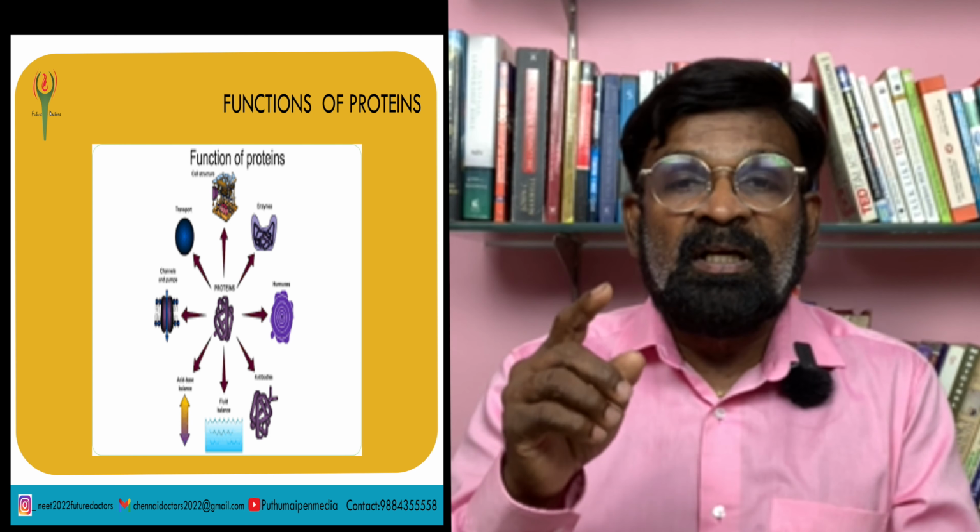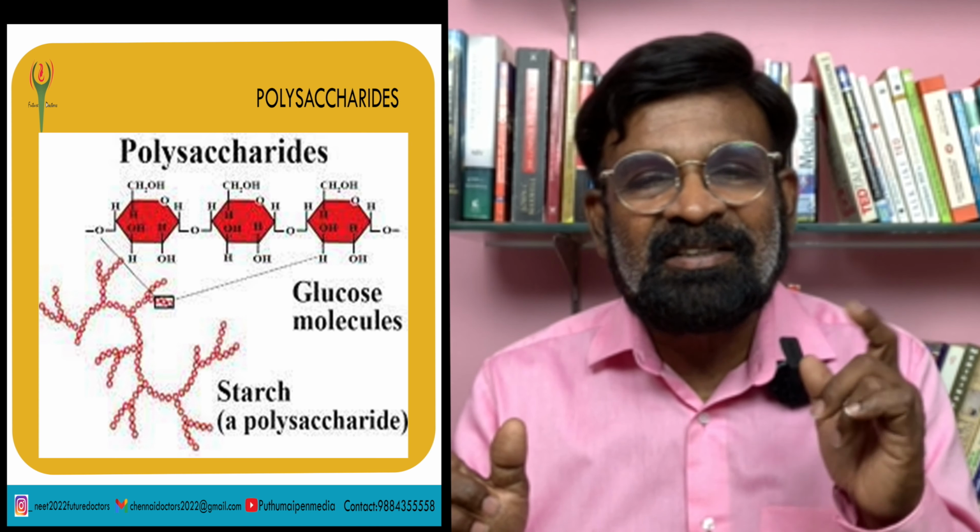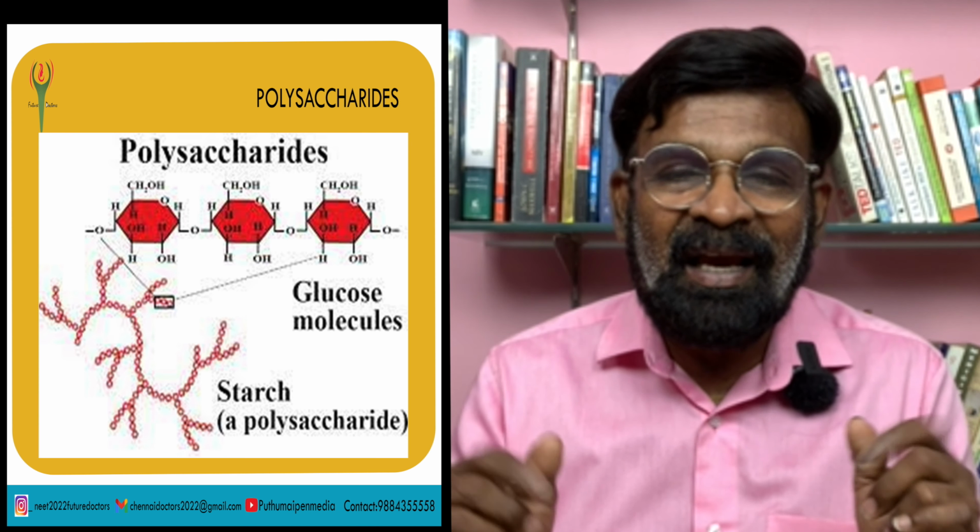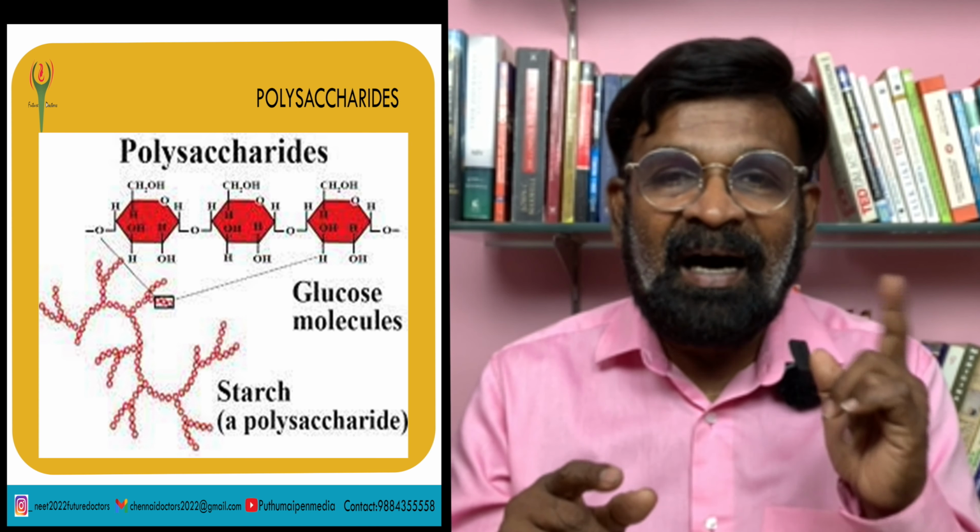They are not sweet and are insoluble in water. A polysaccharide chain has two ends: the right end is called the reducing end and the left end is called the non-reducing end.